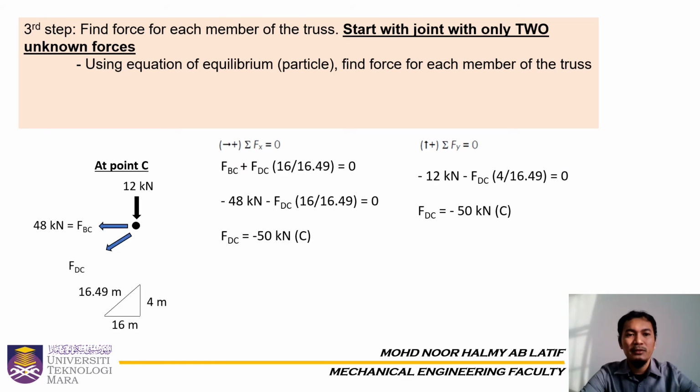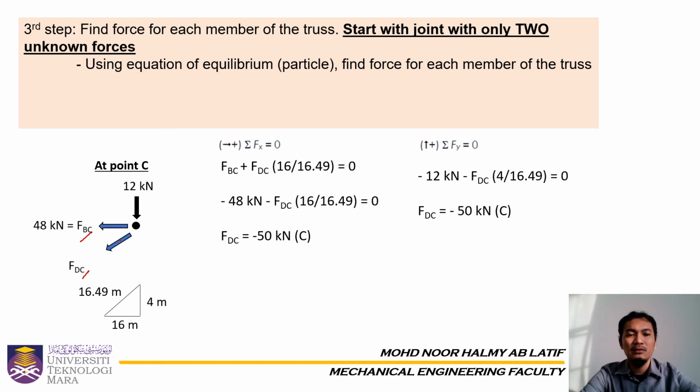We proceed with point C, where we have two unknown forces, which are FBC and FDC. However, for FBC, we already found the value, which is 48 kilonewton.